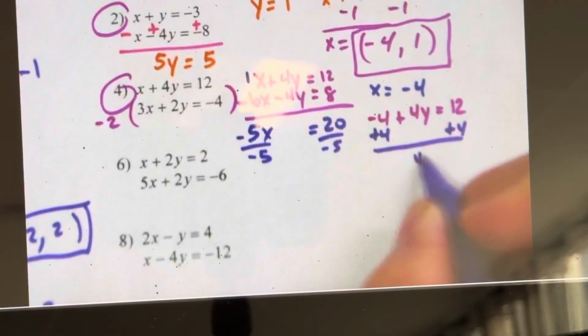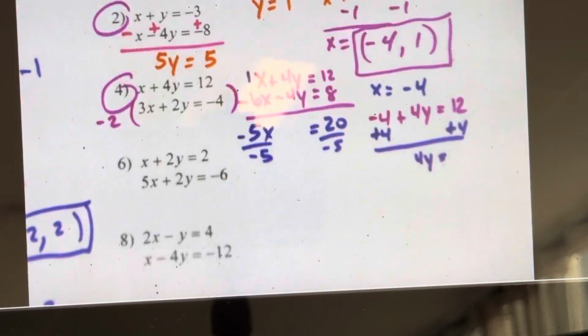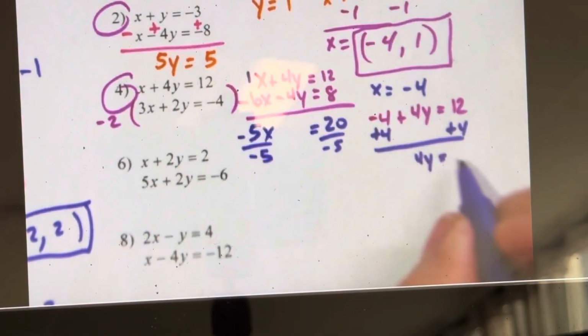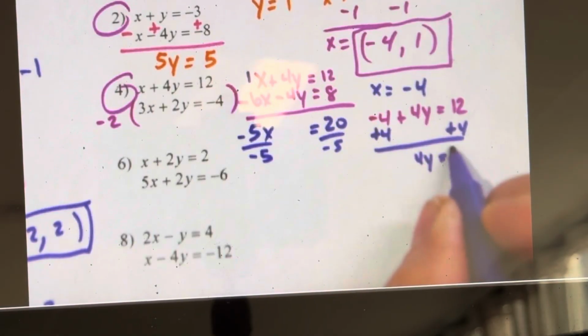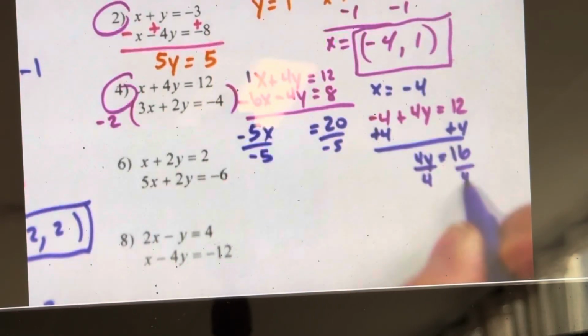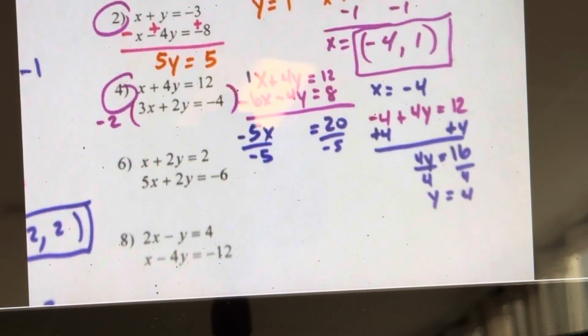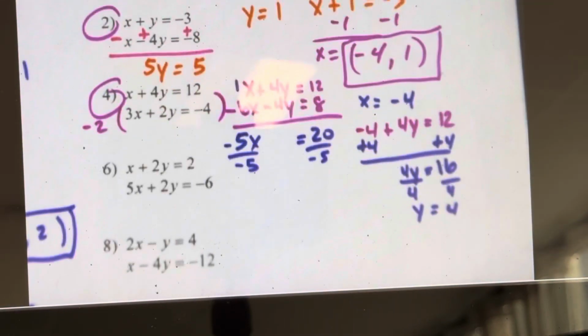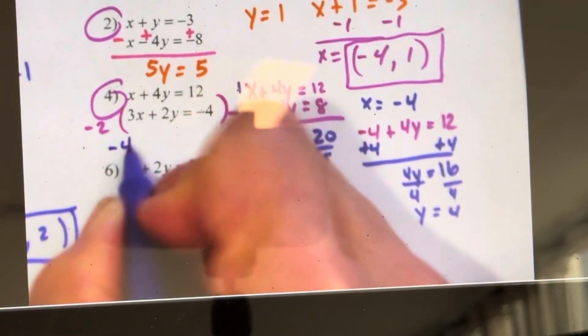So 4y equals, what's 12 plus 4? 16. Divide by 4, and y equals 4. Is that the only way I could have done that? So my final answer is negative 4 and 4.